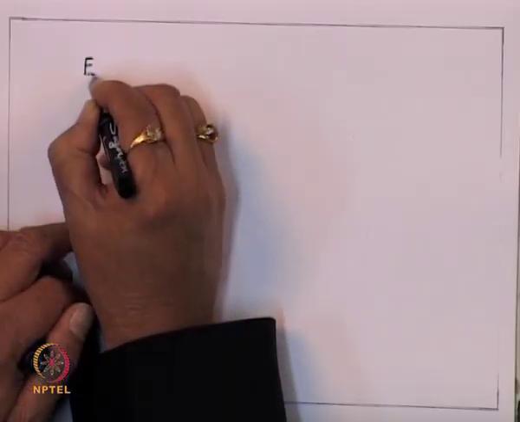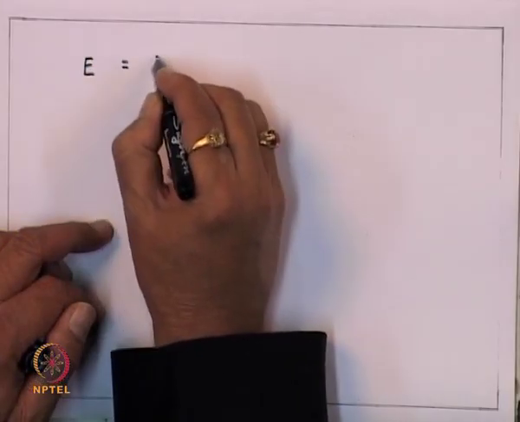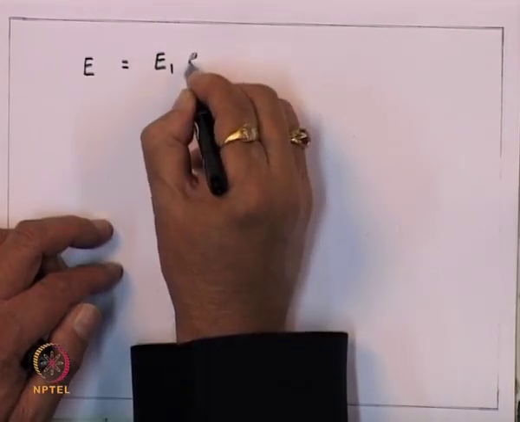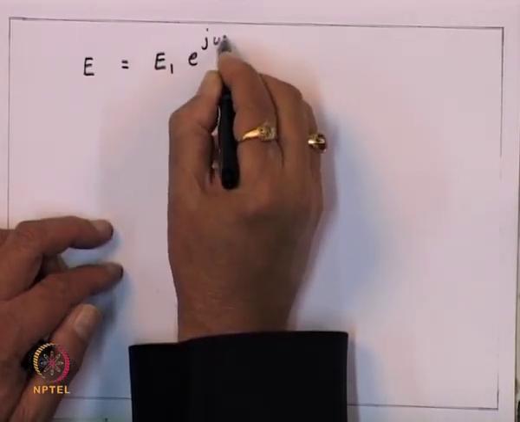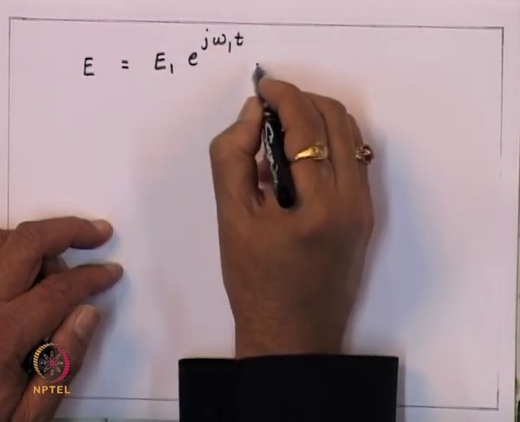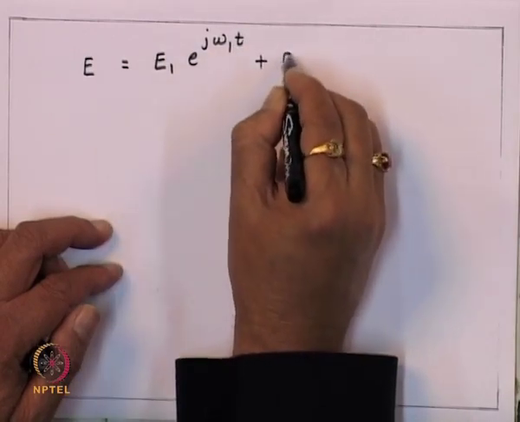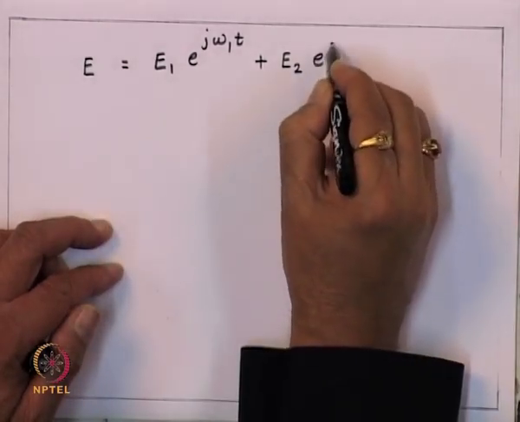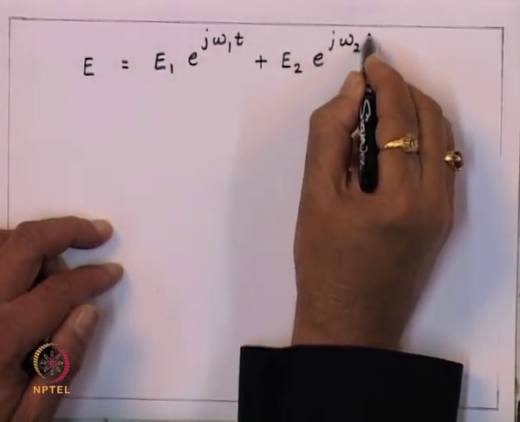So, let us say we have the electric field which has two frequency components. The electric field has two frequencies, with amplitude, let us say, E1 and a frequency omega 1, and there is another signal with amplitude E2 and a frequency omega 2.